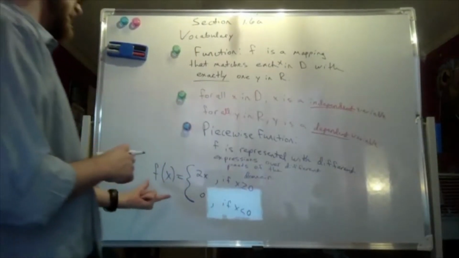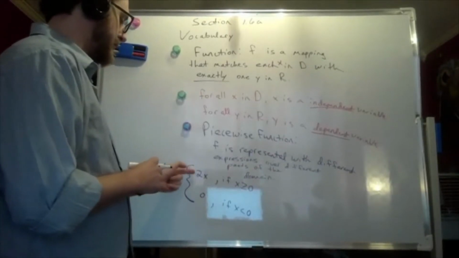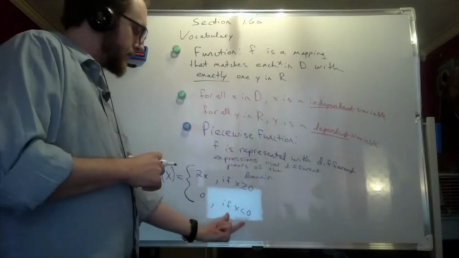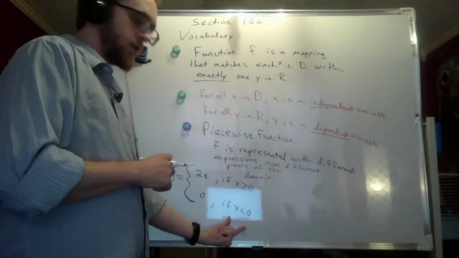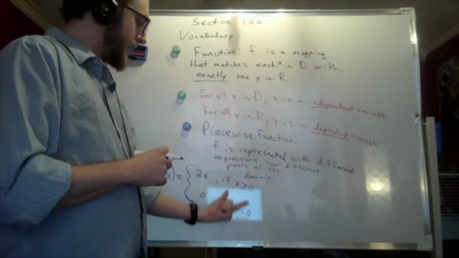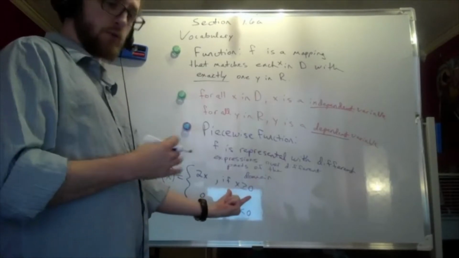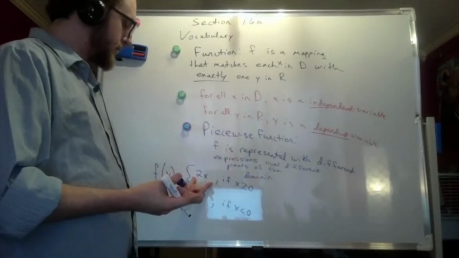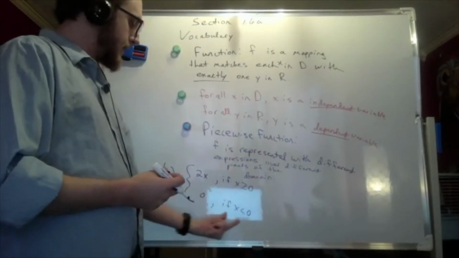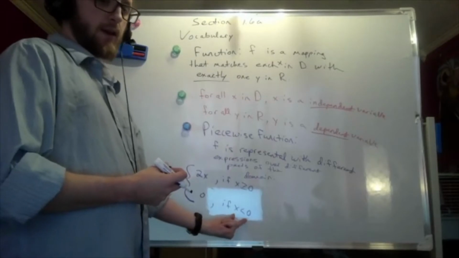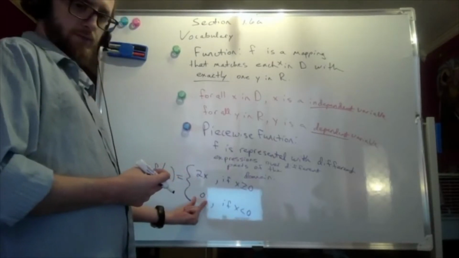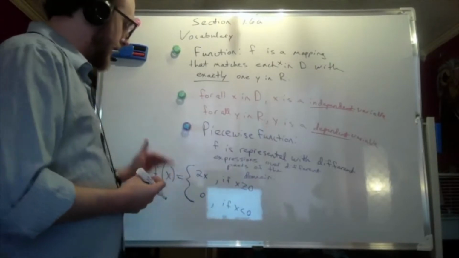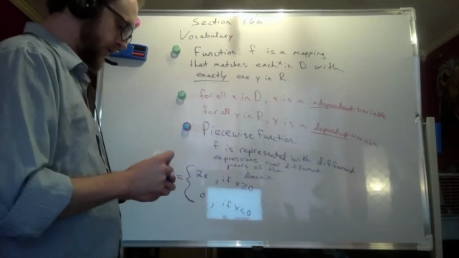So the whole point of this is telling us we've got two different expressions here. And depending on our input, our independent variable x, if x is a positive number or 0, then we use the expression 2x to find our y. If x is a negative number, then we just say, okay, y is 0. And so this is the algebraic representation of a piecewise function.